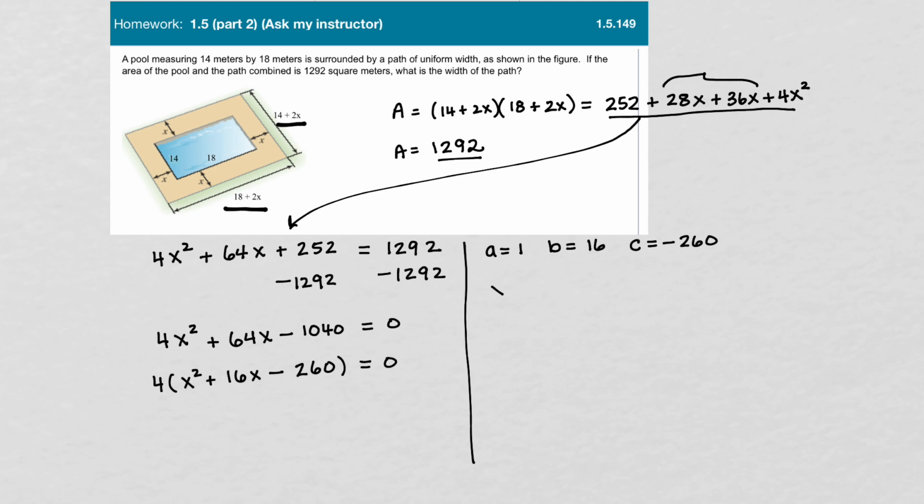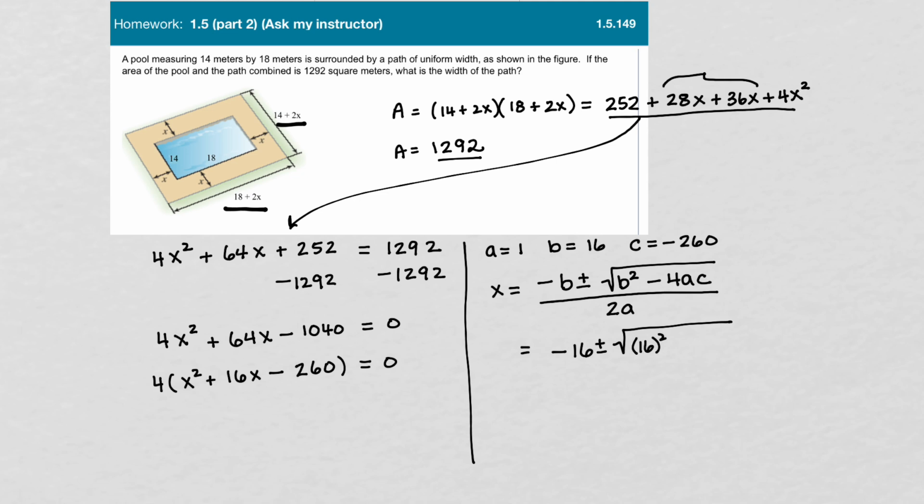Okay, so according to the quadratic formula, x equals negative b plus or minus the square root of b squared minus 4ac, and that's all over 2a. So this would be negative 16 plus or minus the square root of 16 squared minus 4 times 1 times negative 260.